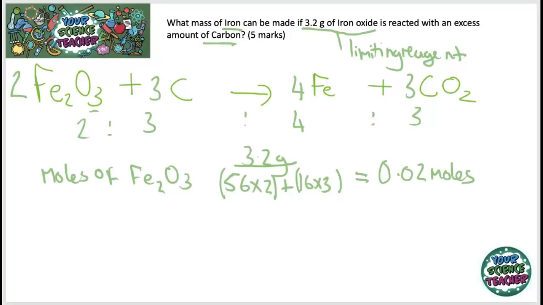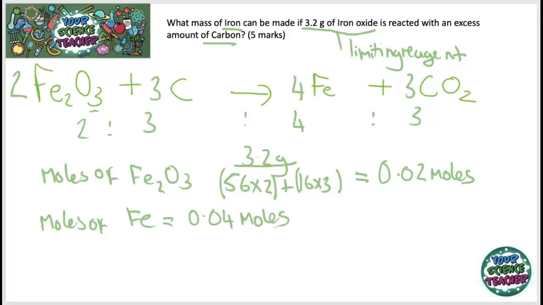Now I know my moles of iron oxide. I know my moles of iron that I will produce in my reaction, and in fact carbon dioxide. If I was to work out my carbon dioxide, I would times it by 1.5. To work out my moles of iron, well, it's in a 2:4 ratio, so times it by 2. So my moles of iron is just 0.04 moles.